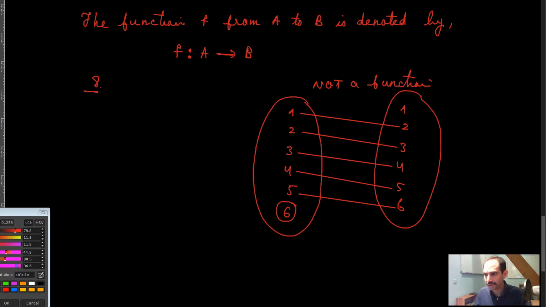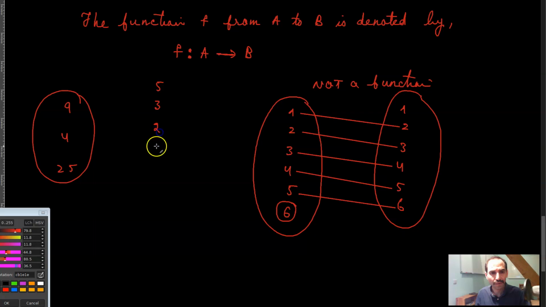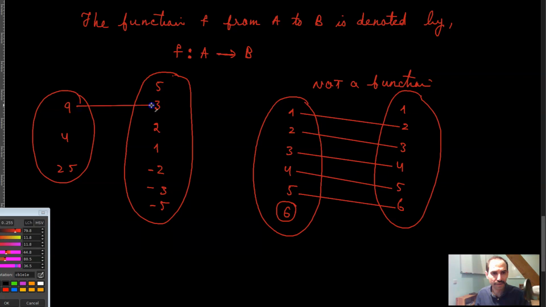We have these elements, for example 9, 4, and 25, and we have these elements like 5, 3, 2, and 1, and -2, and -3, and -5. We have all of these elements, and the mapping is basically this way.